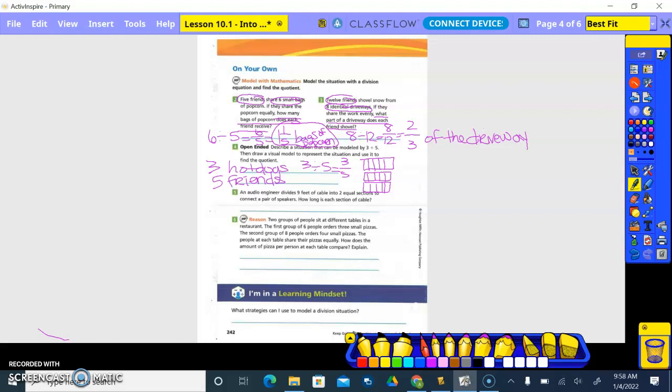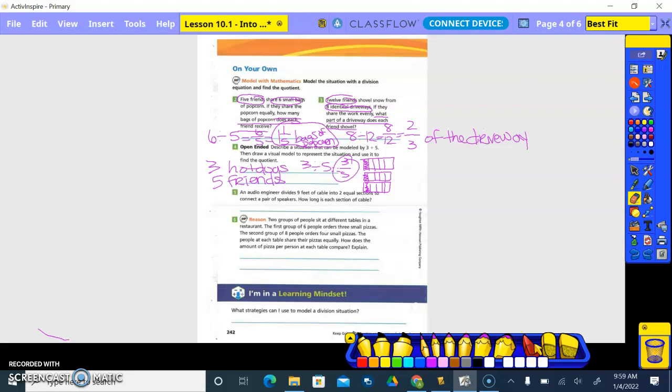Okay. And then so basically that would be what? 3/15, which equals 1/5. So each friend, so we color it in like that, right? Okay. So each person gets how much? 1/5. Well, 3/5, right? So 3/5. Okay.